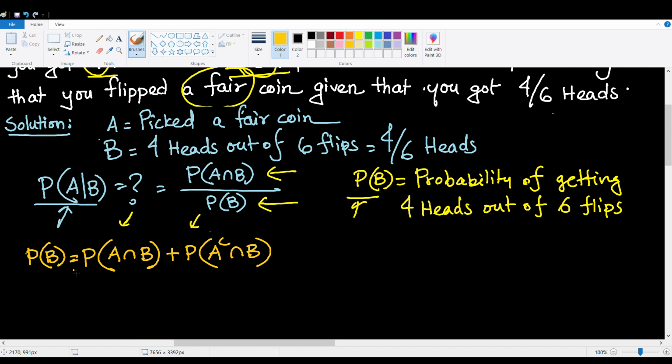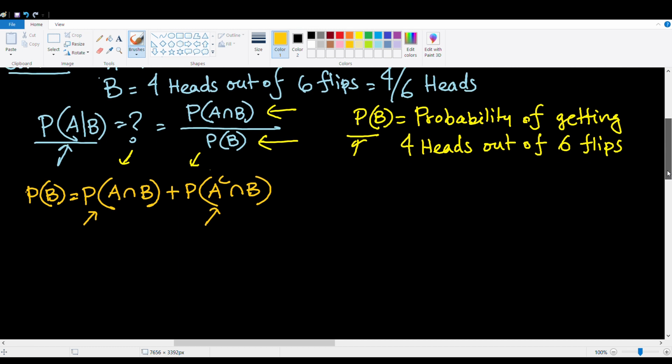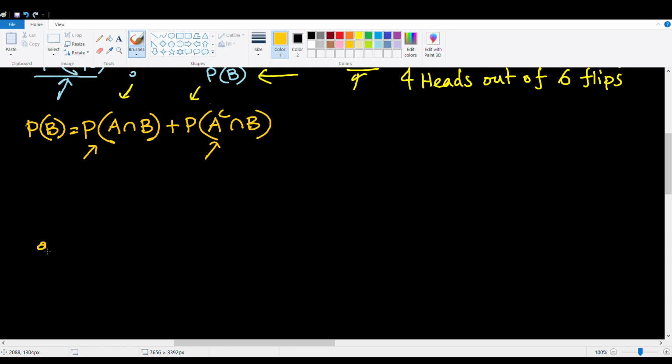So to determine P of B, we have to determine P of A intersection B and P of A complement intersection B. From the tree diagram, we can say that the probability of picking a fair coin from the bag is 5 by 15 because there are 5 fair coins and the total number of coins in the bag is 15, and for an unfair coin the probability will be 10 by 15.